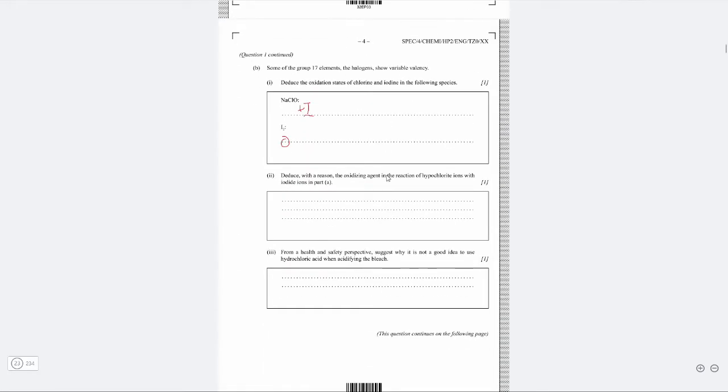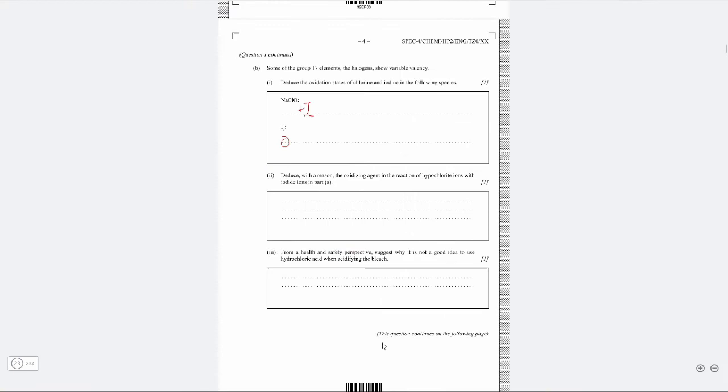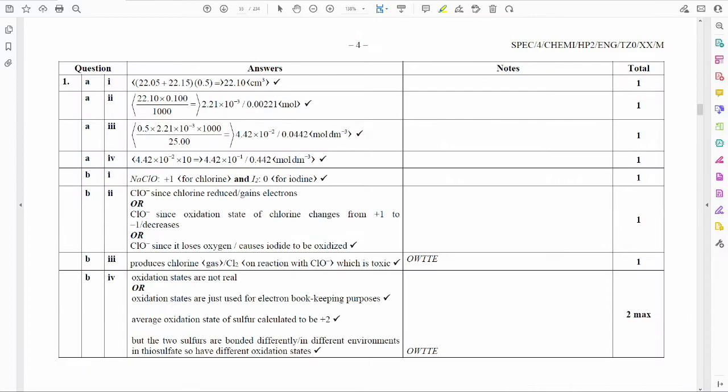So the hypochlorite is the reducing agent. No, the oxidizing agent, I mean, because it was reduced itself. So, hypochlorite is the oxidizing agent, I think.